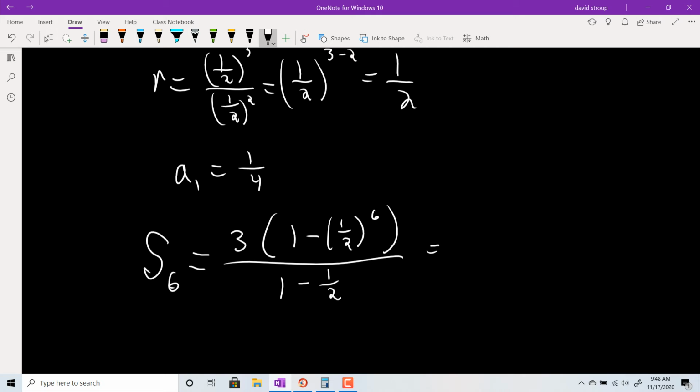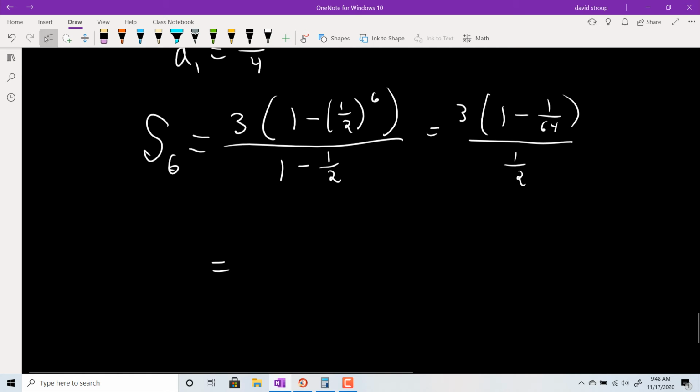Then you put that in your calculator and evaluate it. Don't even really need a calculator for this one. It'll be 1 minus 1 over 64, all over 1/2. So that'll be 3 times 63/64ths times the reciprocal of 1/2, which is 2.